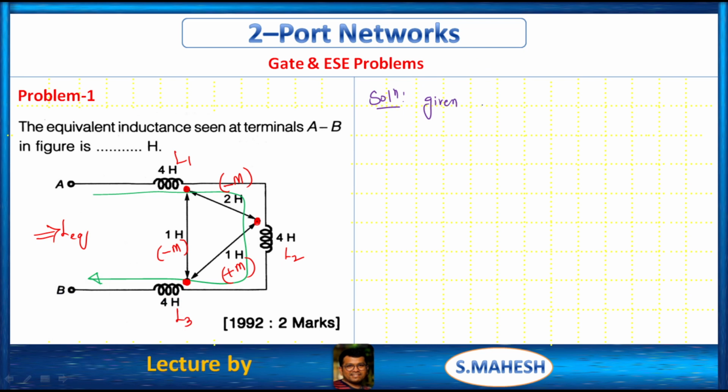Given L1 is 4 Henry, L2 is 4 Henry, L3 is also 4 Henry. Clear?